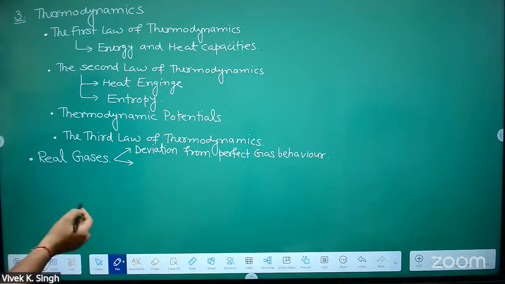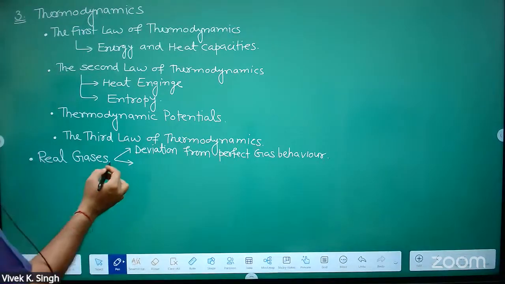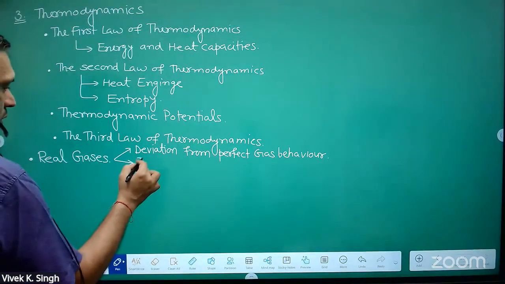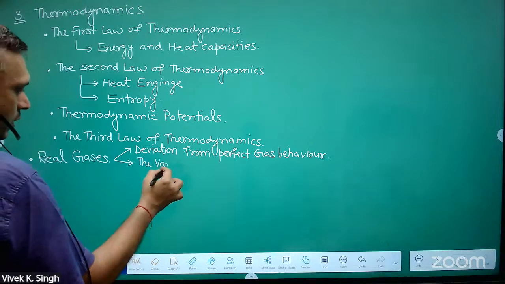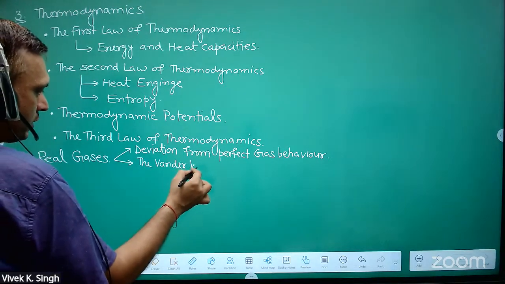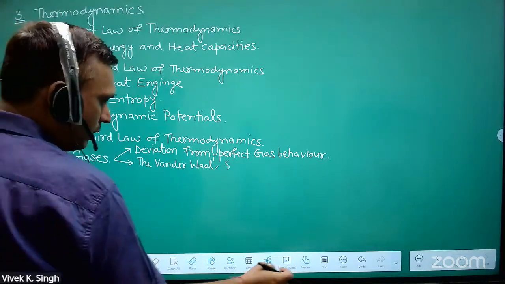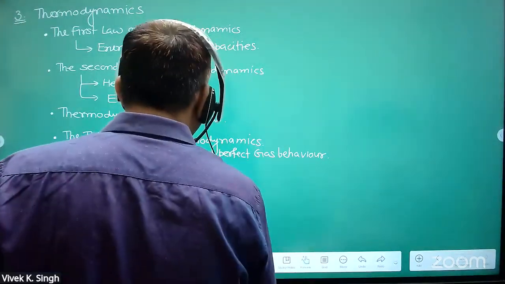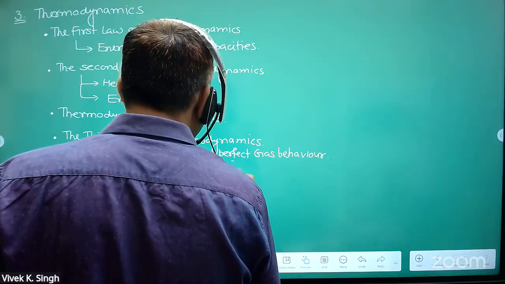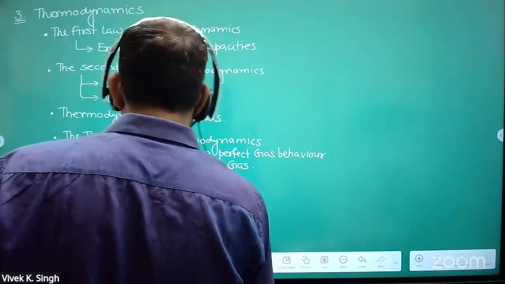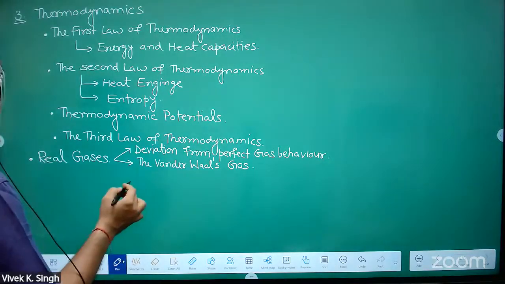And the most important one is the van der Waals gas. We will derive the equation of the van der Waals gas.